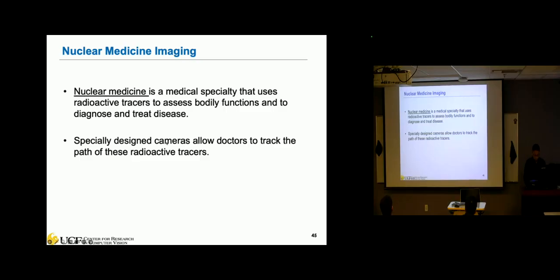So next we'll talk about nuclear medicine imaging, right? This nuclear medicine basically uses some radioactive tracer to assess the body functions and to diagnose and treat disease, okay? And specially designed cameras are able to detect those radioactive tracers so that we can image the functions and how different body functions behave.